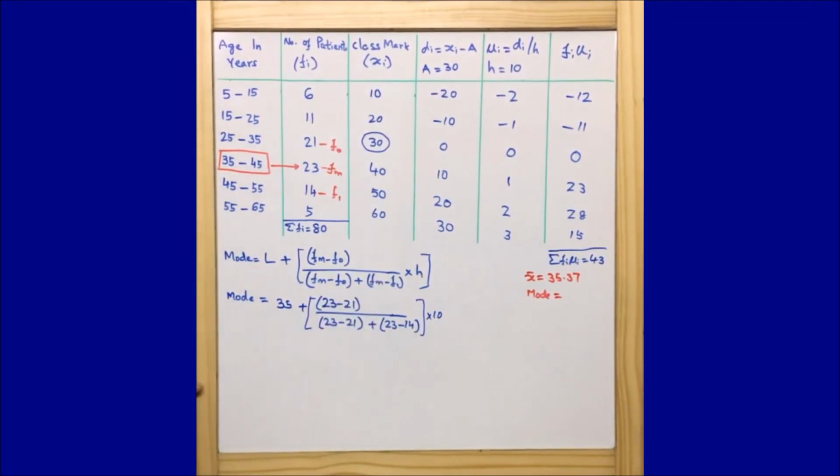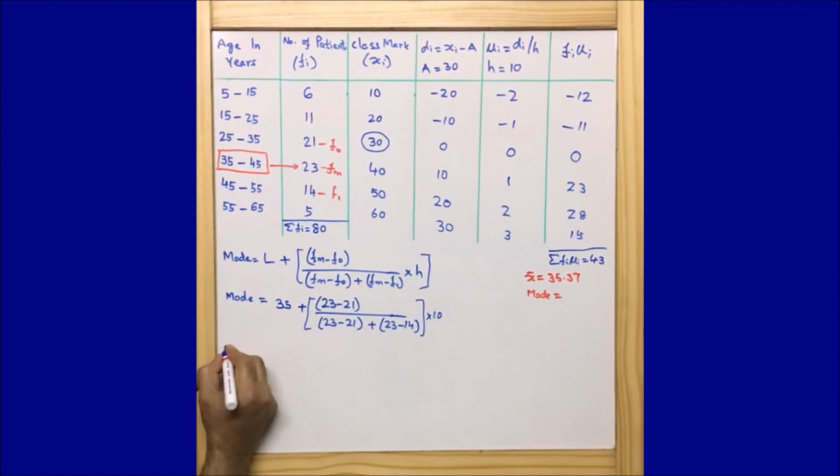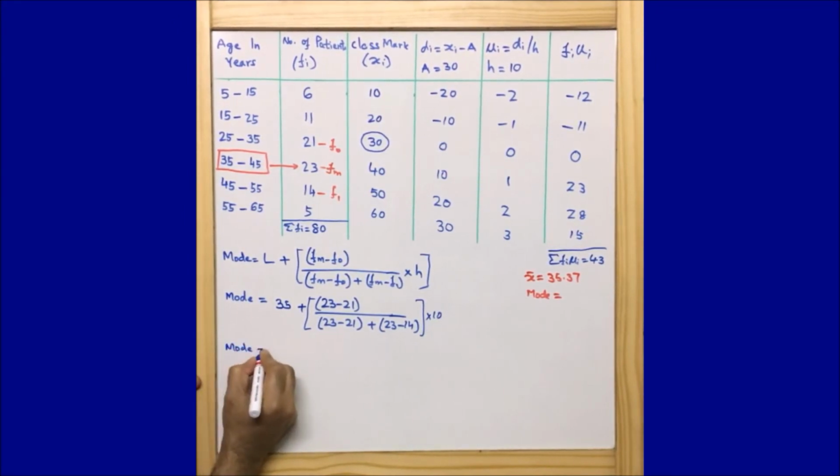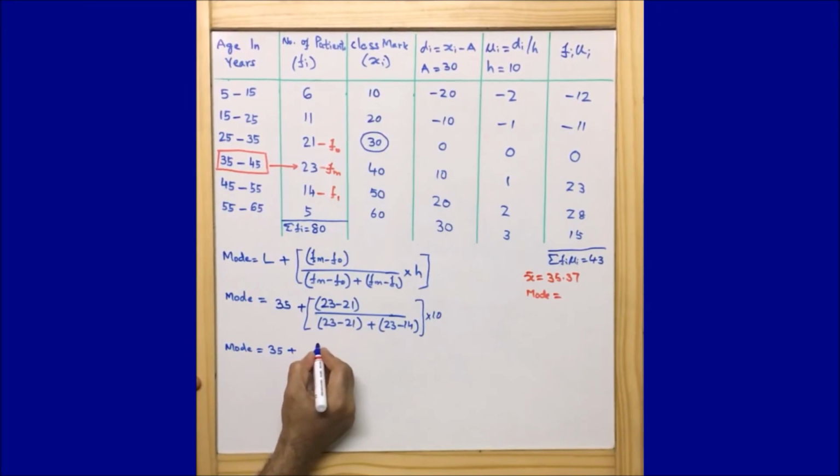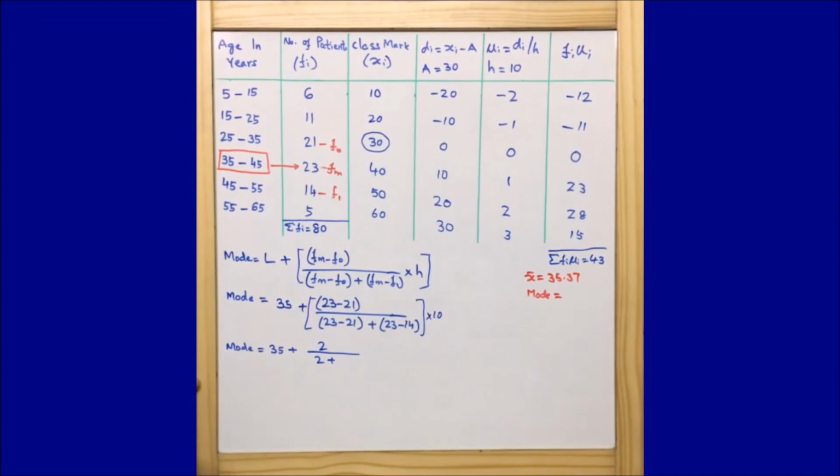Now let us solve this one. Mode is equal to 35 plus 23 minus 21, which is 2, upon 2 plus 23 minus 14. 23 minus 14 is 9, into 10.